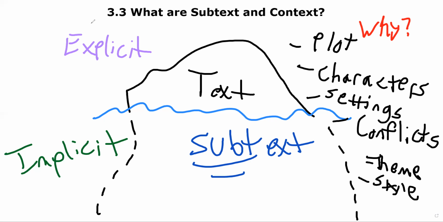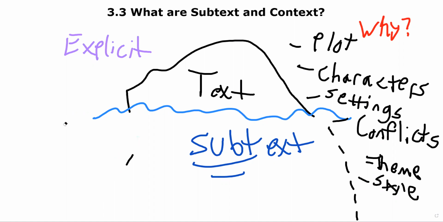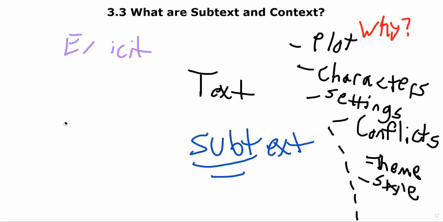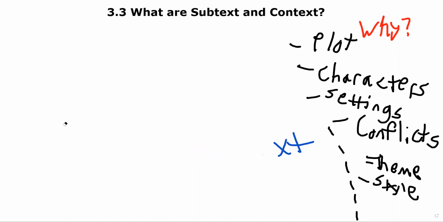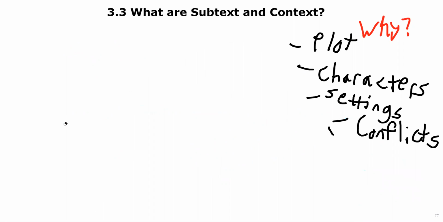Now, while we're on that note, you might be wondering why an author simply doesn't just communicate the theme or meaning of a text directly. Wouldn't it be easier for the reader to understand if what was intended to be communicated was simply said clearly and plainly? And the reason for this is because, as we've seen previously, texts, especially novels, things that are creative, they tend to be more engaging.